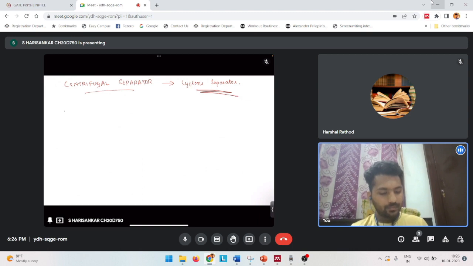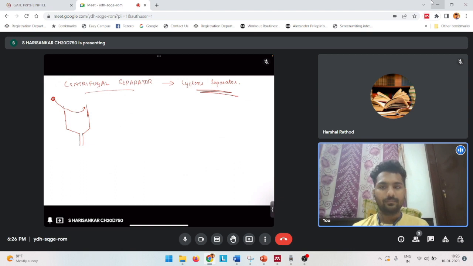So the cyclone separator, just drawing a very simple diagram. You will have a particle, let's say this is the particle. This particle will enter this cyclone chamber tangentially to the walls of the chamber. This induces a centrifugal force as well as a gravitational force.